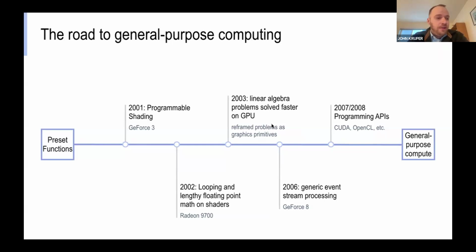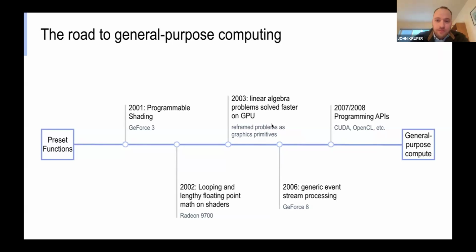However, in 2001, there was a need for more complicated shading in video games. And so people wanted to be able to do some limited programming on the GPU in order to get better performance out of them.